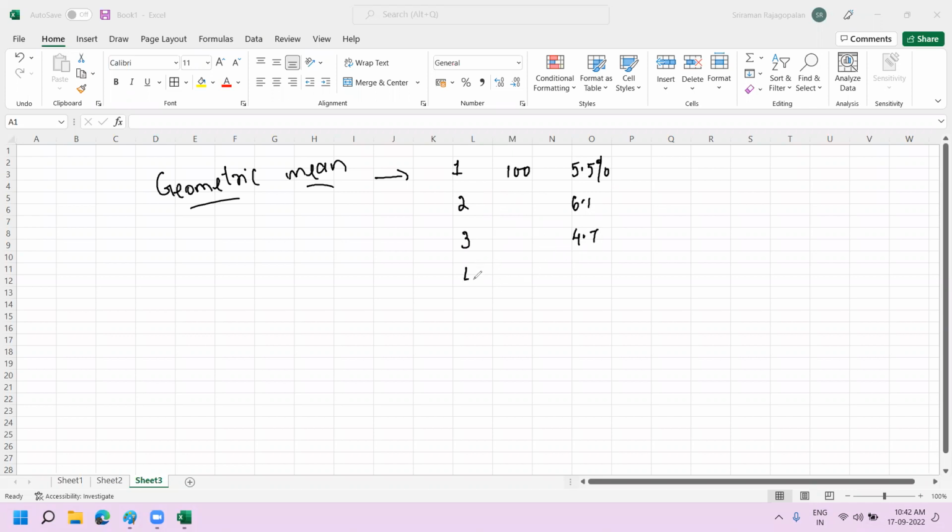And then again, in the fourth year, the interest rate comes to, let's say, 4.9. And we'll take just one more number. Fifth year, it comes to, let's say, 3.85. So there's a lot of fluctuation in the interest. So the question is, if I save my money, at the end of the fifth year I get some money.